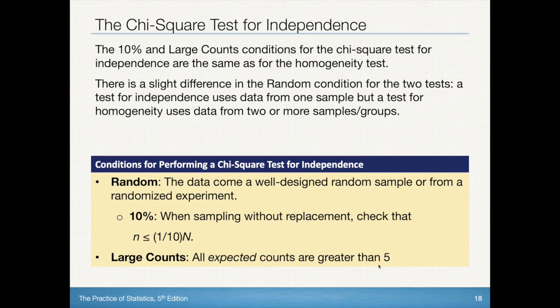Now, you'll notice that there is one small difference between the two tests that's worth mentioning. When we're dealing with a test for independence, we're going to use data from one sample, but a test for homogeneity uses data from more groups or more samplings. So when you have a two-way table, it's not immediately assumed one chi-squared test or another. You have to read into the scenario to understand where that data came from.